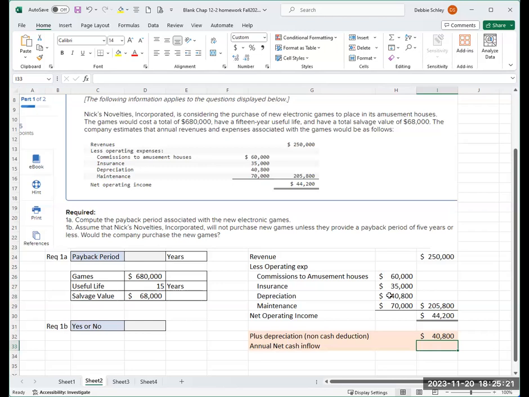It's just an accounting tool used for tax purposes to depreciate the value of equipment over time. And so we need to add that back in to get our actual annual net cash inflow. So actual dollars that are coming in. So that's why we add that back in. So this plus this for 85,000.